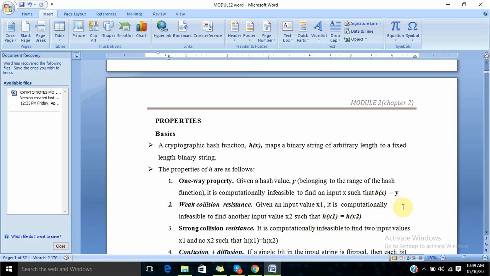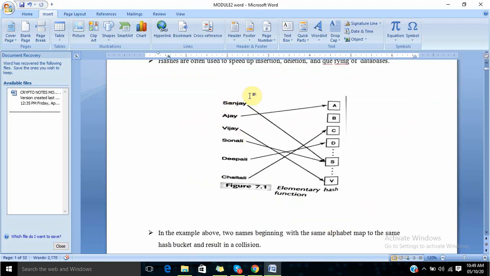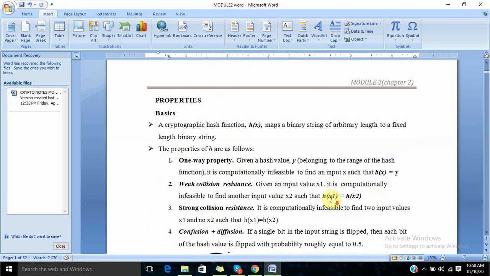The y is the same, x1 and x2 are different, but the hash value they map to is the same. For example, take Sanjay as x1 and Sonali as x2. Both h of Sanjay and h of Sonali map to the same value, so h of x1 equals h of x2.